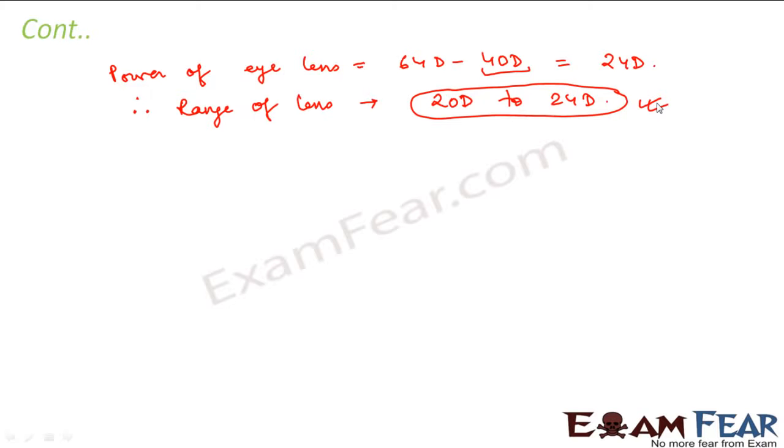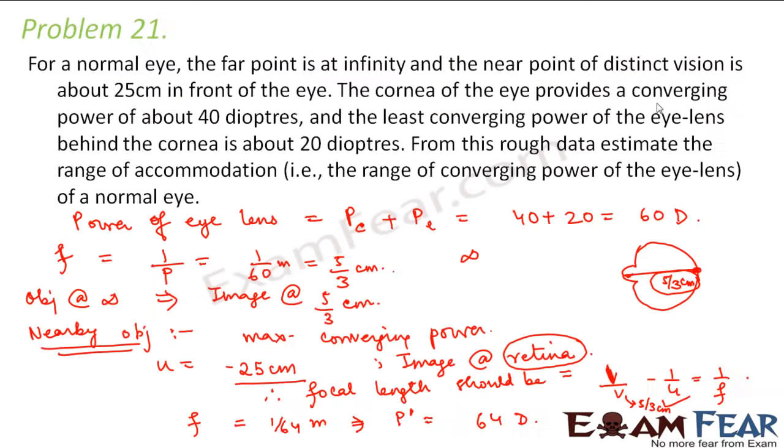Right? So whenever you solve problems related to the human eye, it is very important that you try to understand the problem logically. For example, in this case, it told us that the far point is infinity and the near point is 25 centimeters. For the far point, the image will be formed at the focus, and the focus will be nothing but the retina.